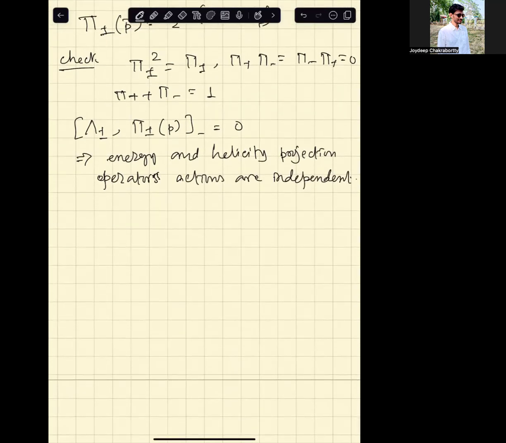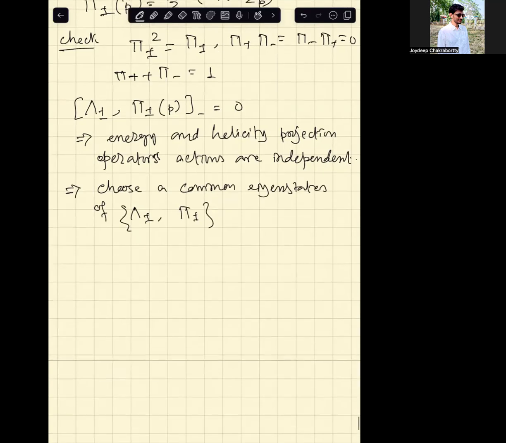And as you know, in quantum mechanics, when two operators commute with each other, what we can do is we can choose a common eigenstate of lambda plus minus and pi plus minus, right?